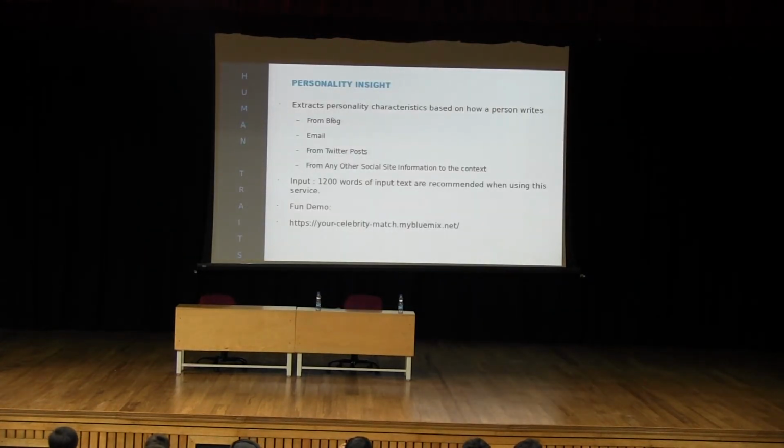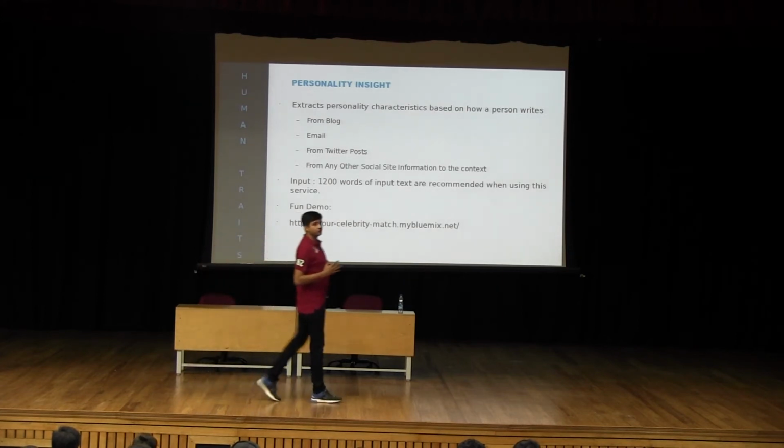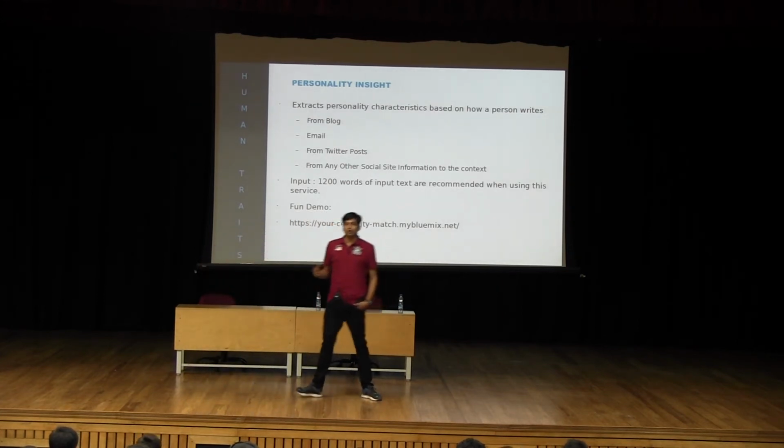Next is the Personality Insights API of Watson, which extracts personality characteristics based on how a human writes. Let's say you are writing a blog on Sachin, and you're just praising Sachin. Sachin is a very good player. He's very social in nature. He's very humble, cool and calm.